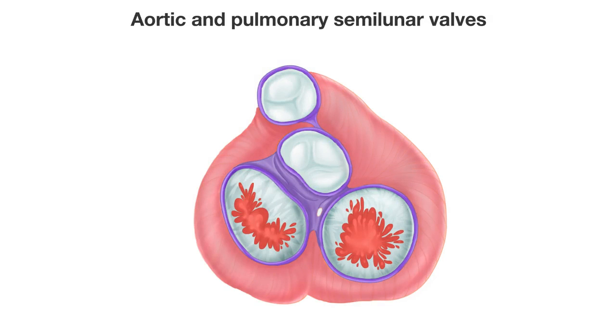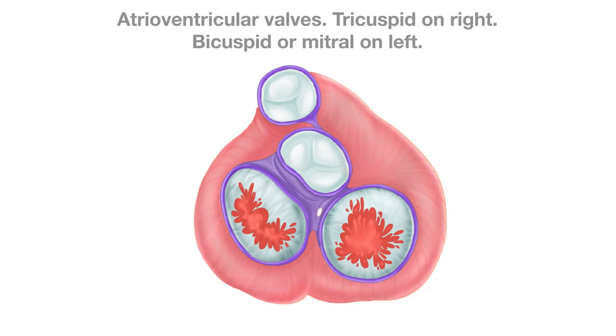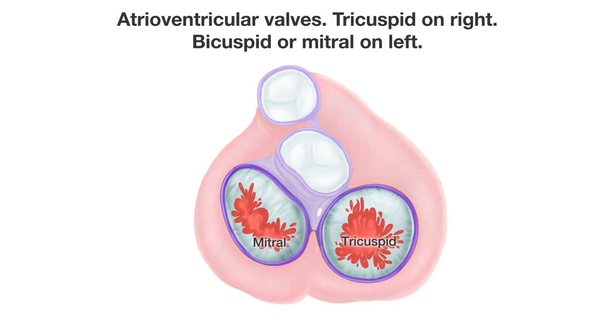We return to this superior view of the heart with the atria removed and the pulmonary and aortic vessels removed at their base. We see that the aortic and pulmonary semilunar valves are anterior, and that the atrioventricular, the tricuspid and mitral valves, are posterior.